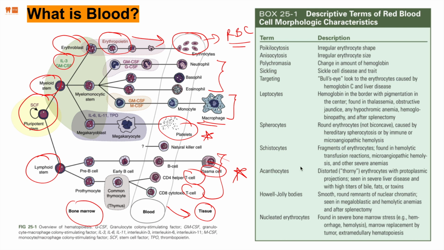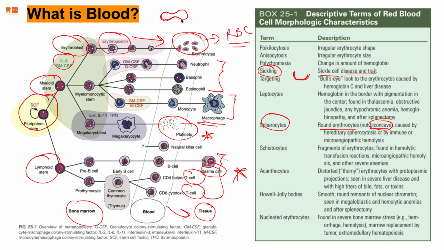Now, in all of these are descriptive terminologies of red blood cells and their changes. For example, we've heard this a lot, right? Sickle cell anemia. What is sickling? Sickling is basically an RBC that turns into a sickle shape, where it becomes a sickle cell disease, and then it's passed on genetically. Then what about spherocytes? Spherocytes are basically round erythrocytes, which are not biconcave. Why is this important? Biconcave cells, so essentially it looks like this. This is what an RBC looks like.